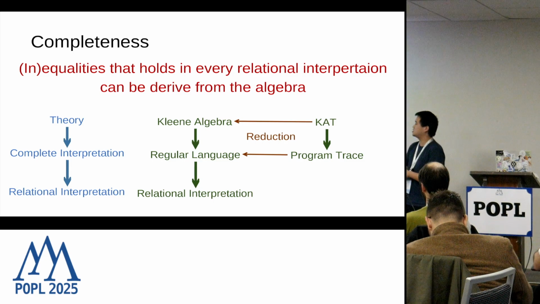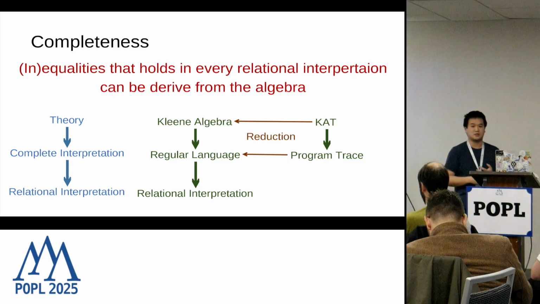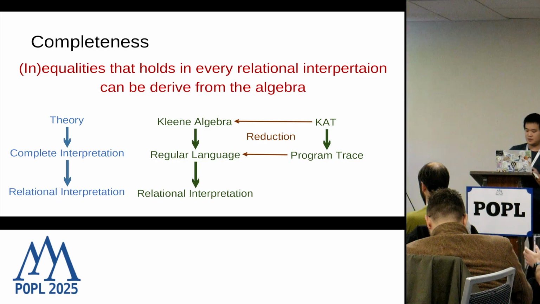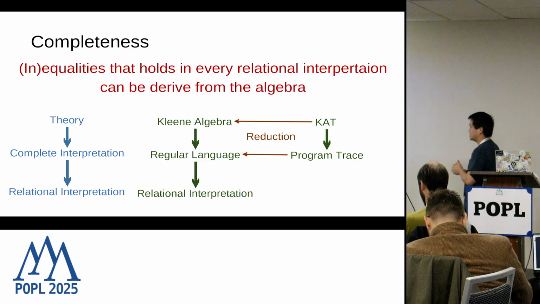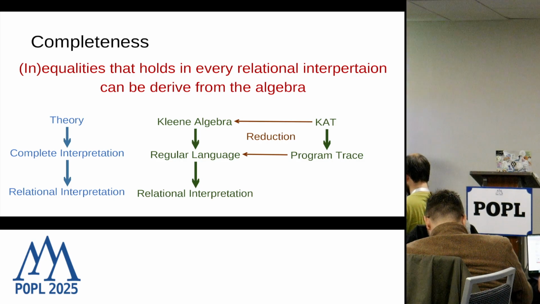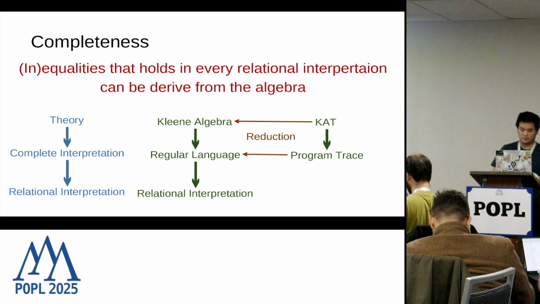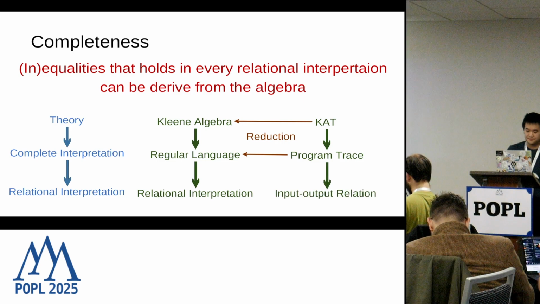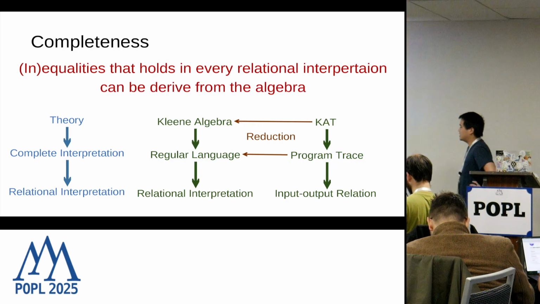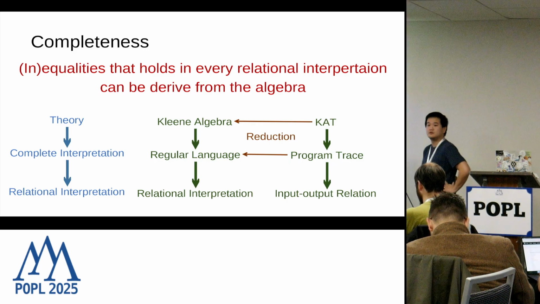They can leverage the completeness of regular languages to prove the completeness of KAT. However, in this case, we need a reduction both from KAT terms into Kleene algebra terms and from program traces into regular languages. That's the previous proof that most of the literature follows. And then we can embed the program traces into input-output relations. That is very easy.